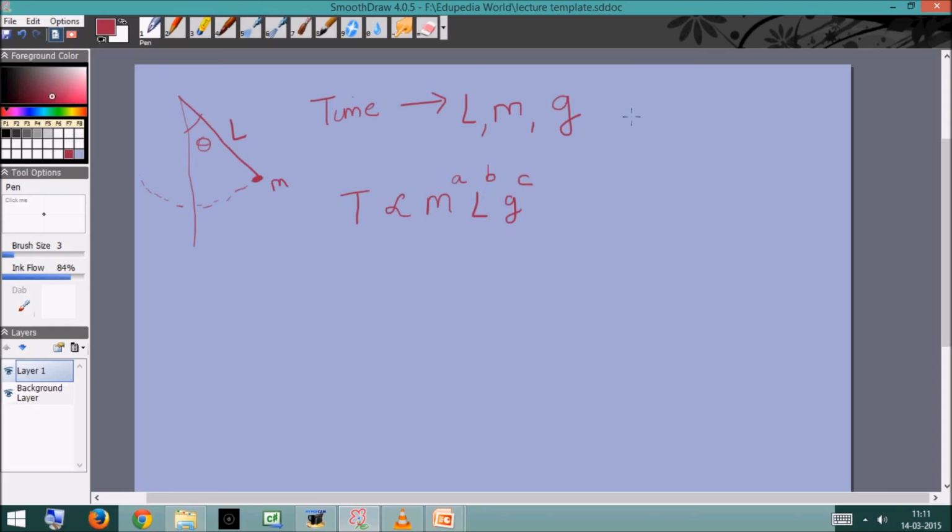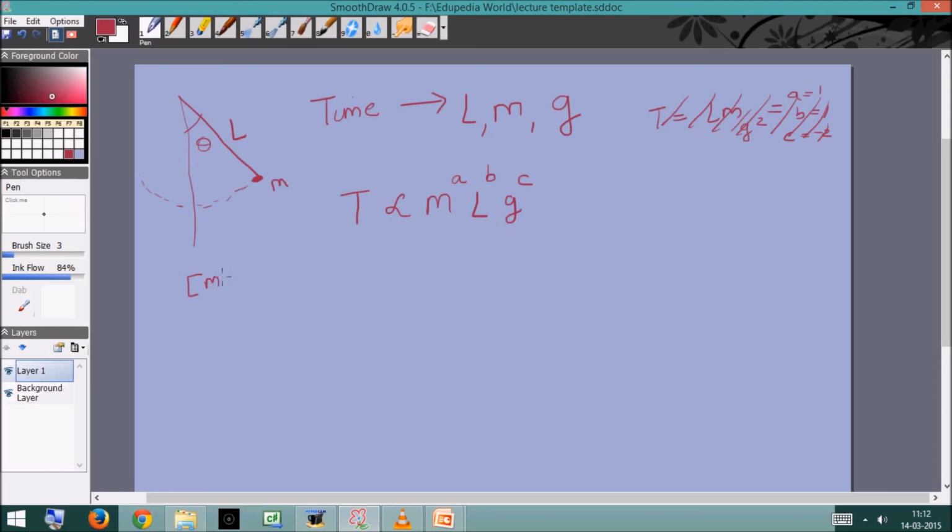For example, if the time period were Lm by g squared, then a is 1, b is 1, and c is minus 2. But this is not actually correct, so let's forget this for now. All we need to do is find out the values of a, b, and c, and for that we can use dimensional analysis.